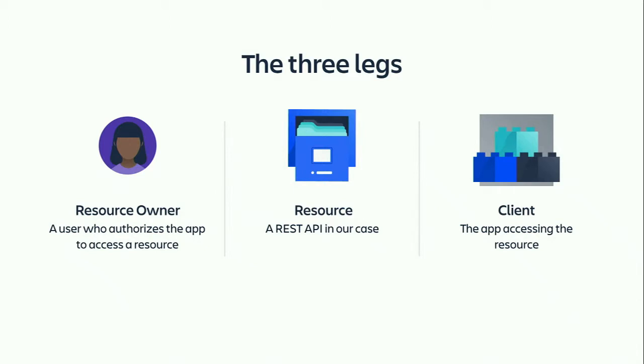and then you have a resource. That's the thing being accessed. Usually it's a REST API, but the resource is the data behind the REST API. So in the Jira Gmail example, that's all the Jira issues the user has access to.